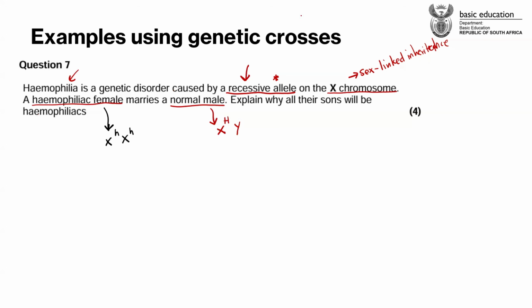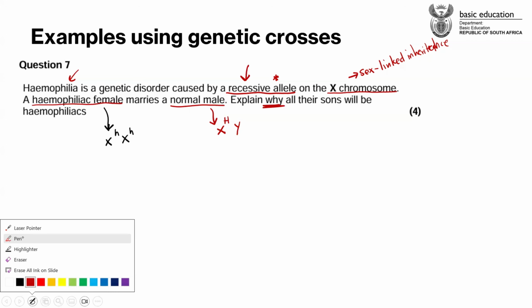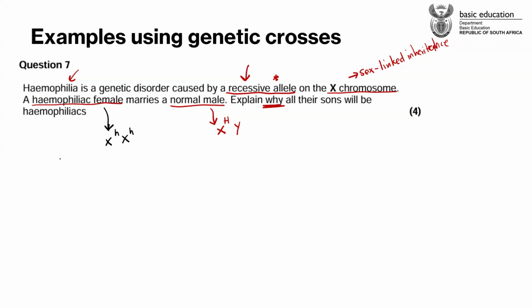All right. So now they say explain why all their sons will be hemophiliac. So all their male children are going to have hemophilia. You can just do a short cross and you can see that if we cross this and this for the male part, if we say this Y chromosome and this X with a small letter h cross with one another, this will be this.